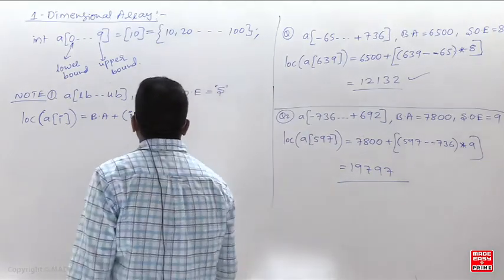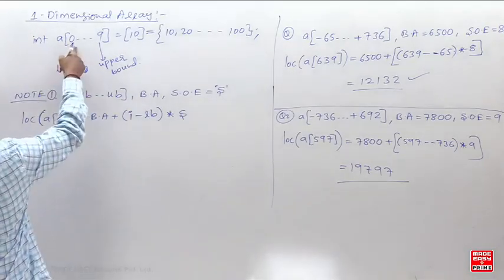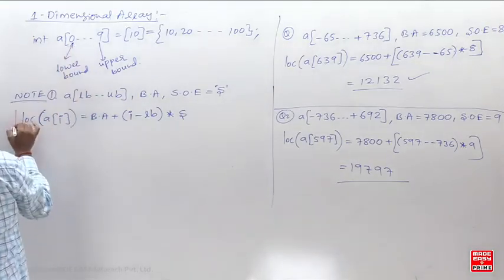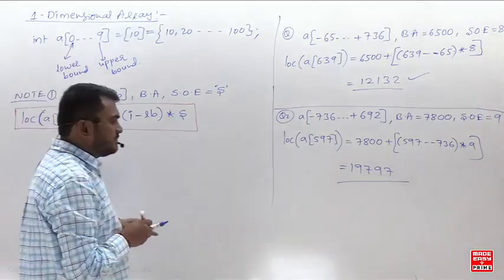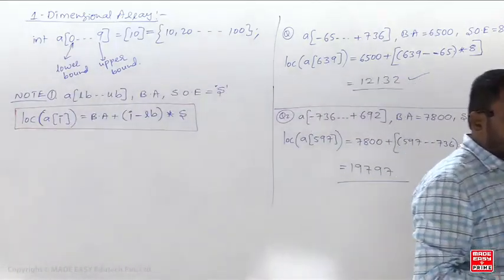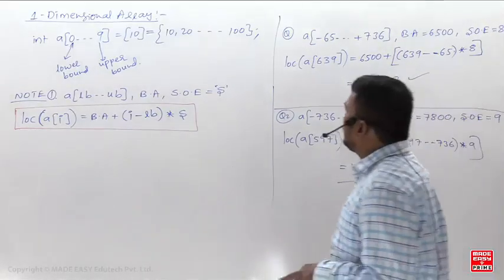Why is the lower bound 10? Where is the lower bound 10? Here the lower bound is 0.